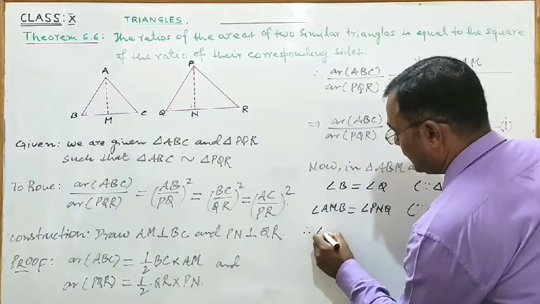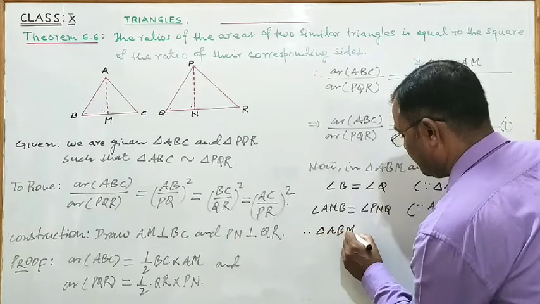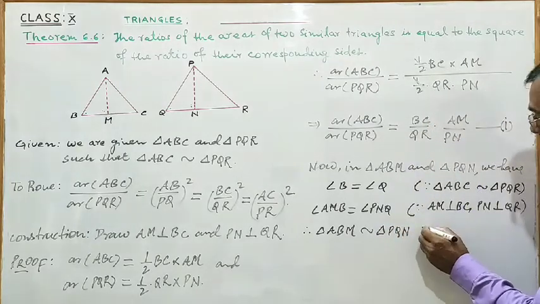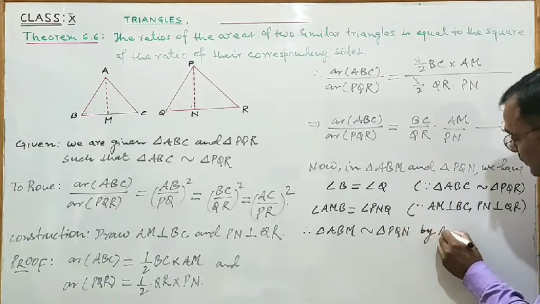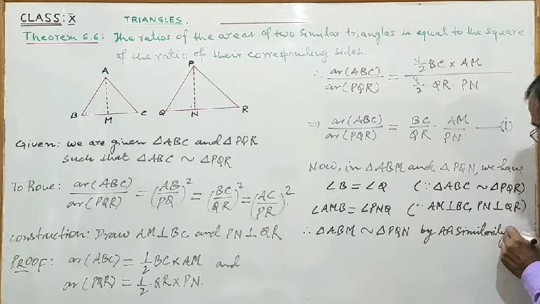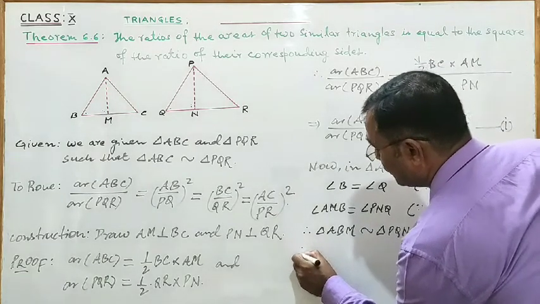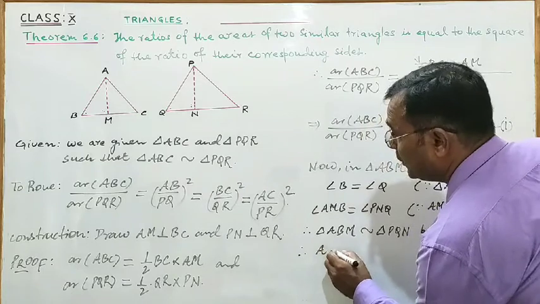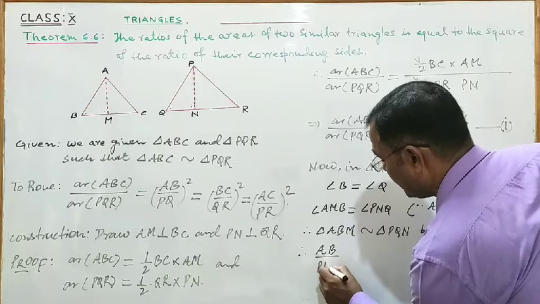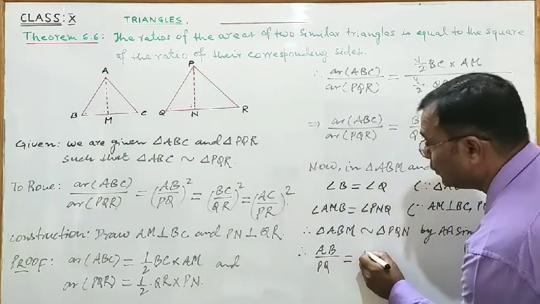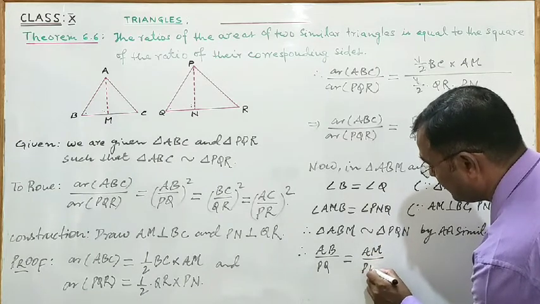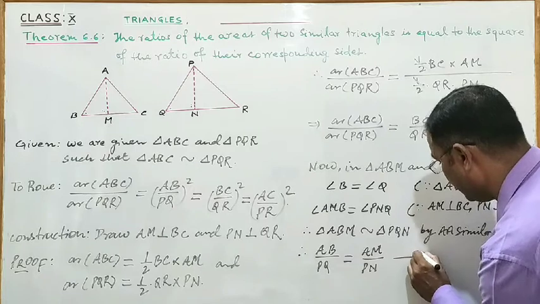Therefore triangle ABM is similar to triangle PQN by angle similarity, and therefore their sides will be in the same ratio. So AB by PQ is equal to AM by PN. Let it be number 2.